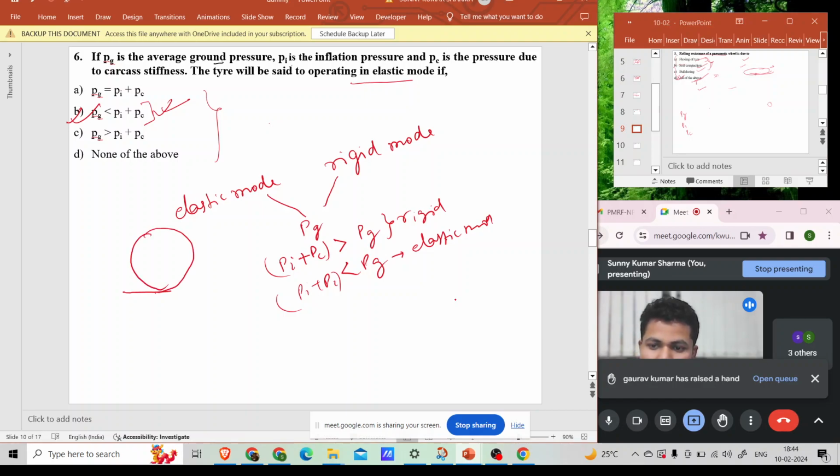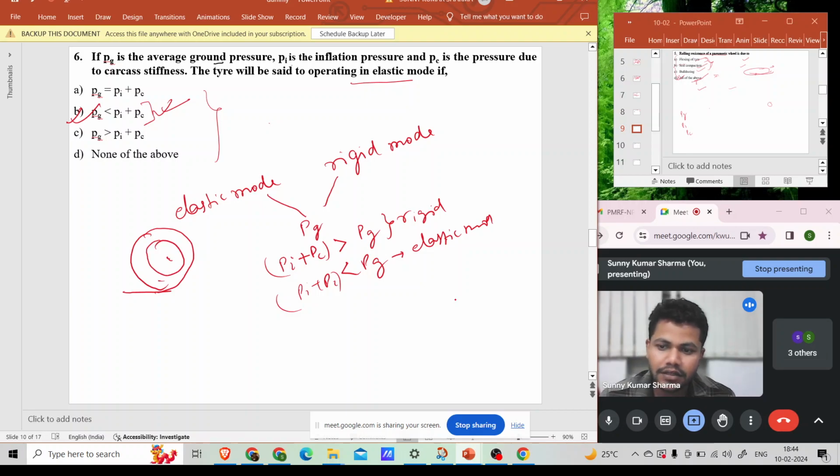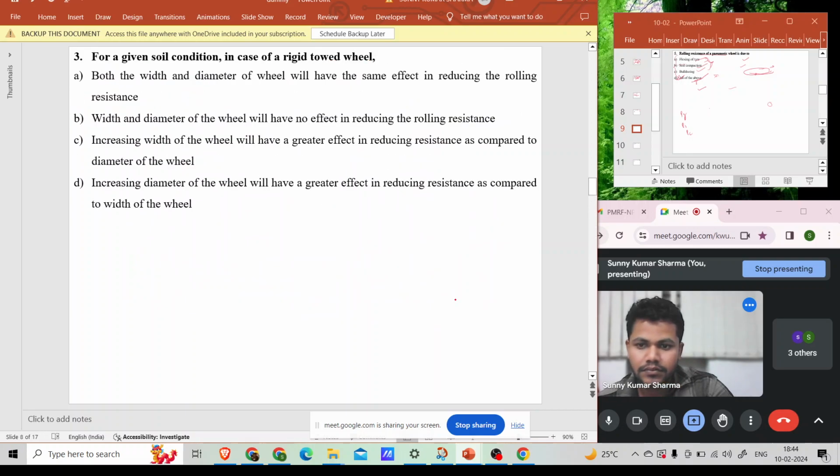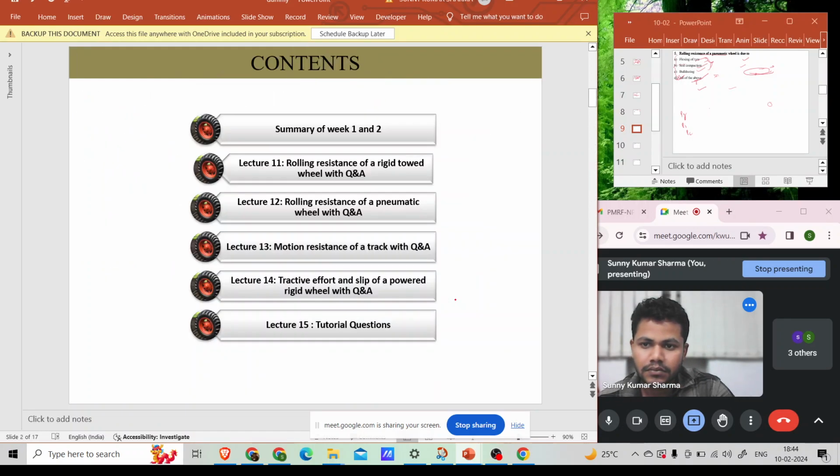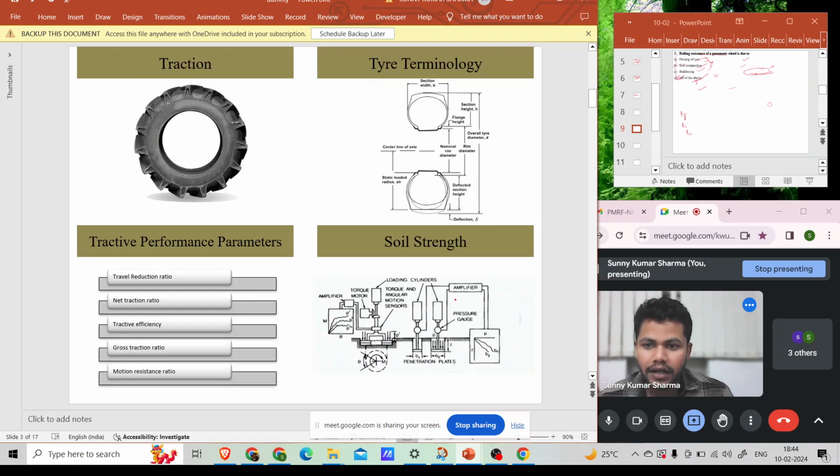So this is the wheel, it is filled with air, and that is the inflation pressure, and this carcass is there. The air inside will not carry load by itself; the carcass will also carry some load. This carcass will also exert pressure on the ground.